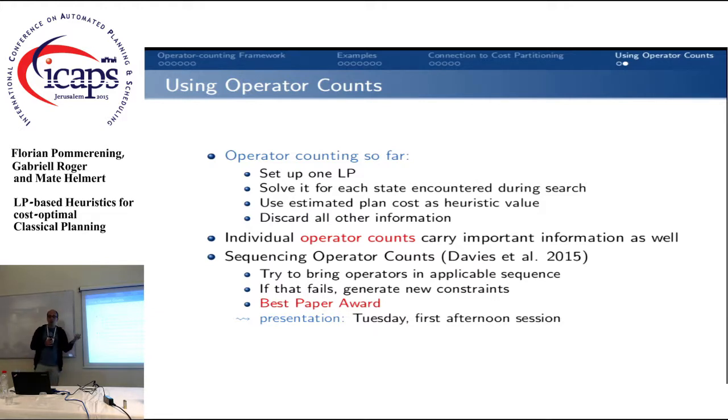If this is not possible, then the way they solve it can generate new constraints for the operator counting heuristic, which you can plug back in, solve this again, and repeat this until you find an optimal plan. And this paper got the best paper award at this ICAPS, and the talk is also on Tuesday, so I highly recommend going to that talk and listening to that presentation.